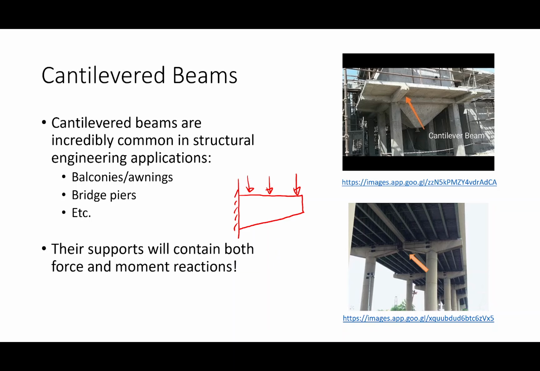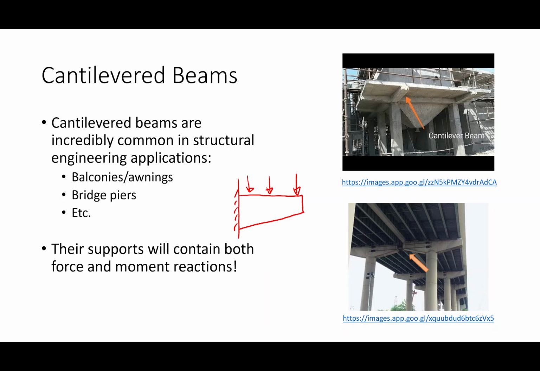Because what's happening right here at the pier is you've got a ton of force right here and a ton of force right here and a pier in the middle. So it's almost like this pier cap is wanting to bend like this. So there's a ton of moment right here, okay?